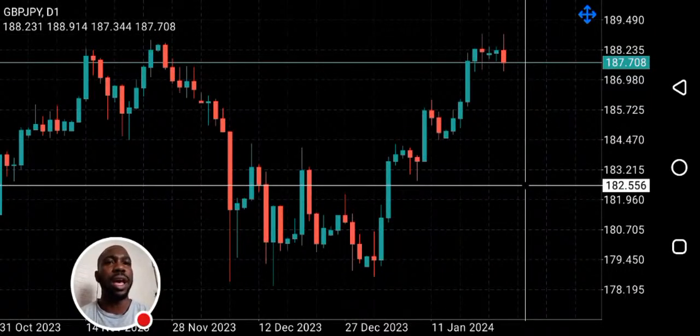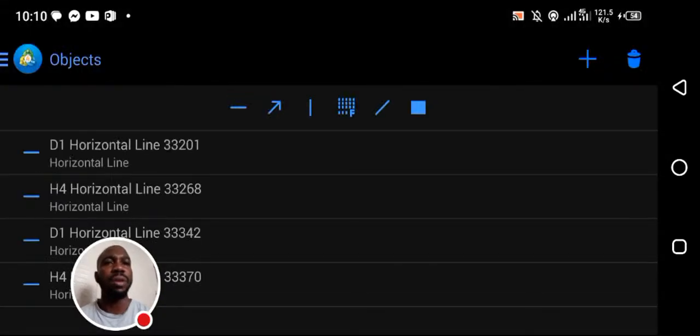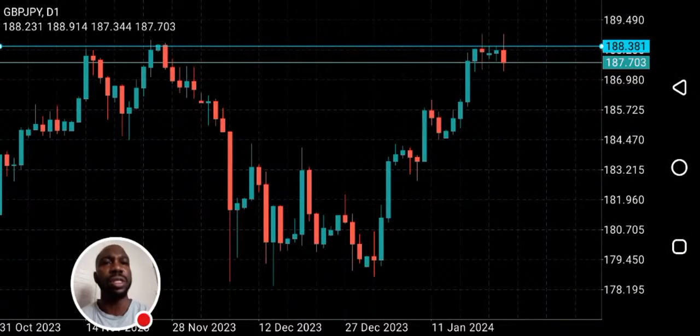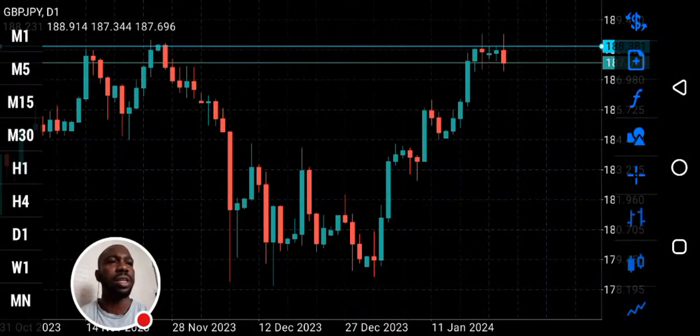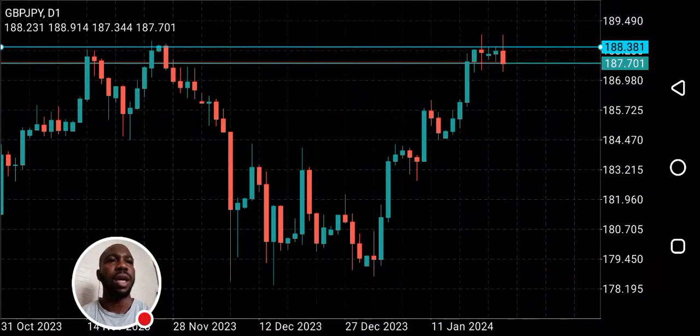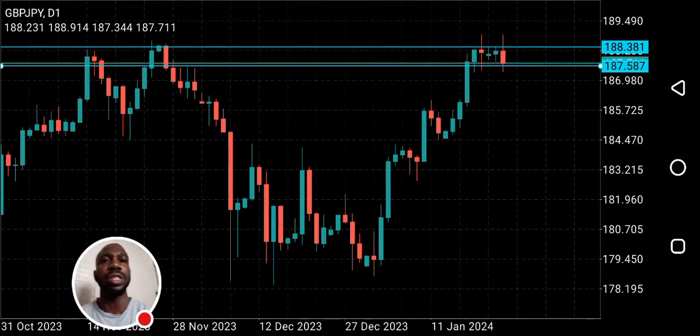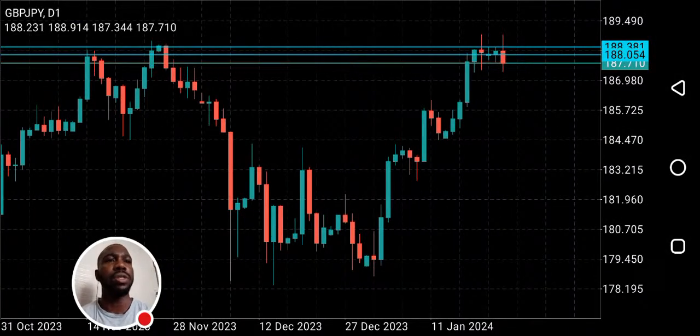Besides that, we had a bearish reversal pattern. At this point, we had a resistance, and the market is currently trading below this resistance zone. So GBP JPY is bearish at the moment.